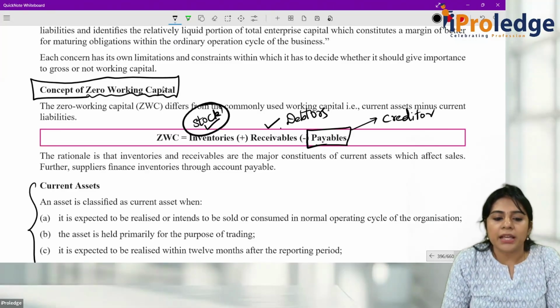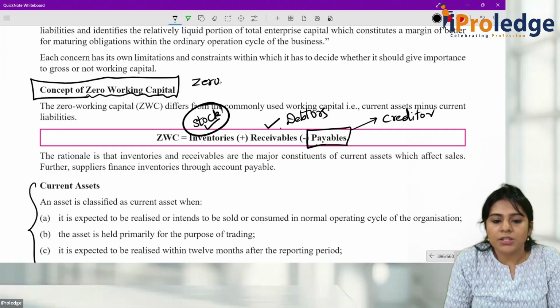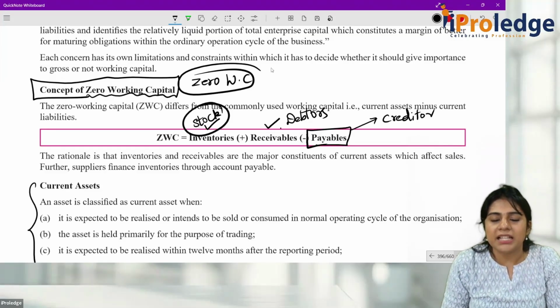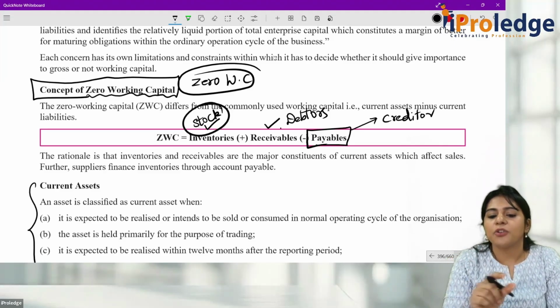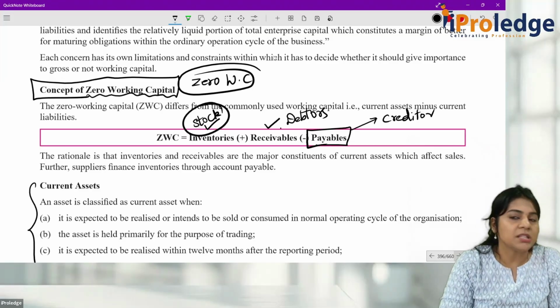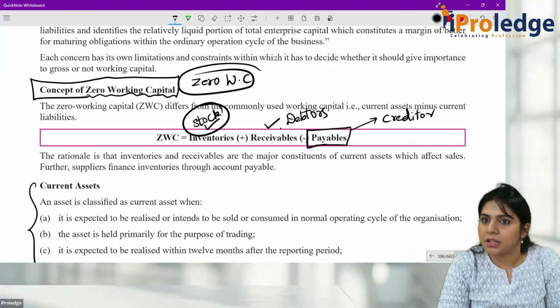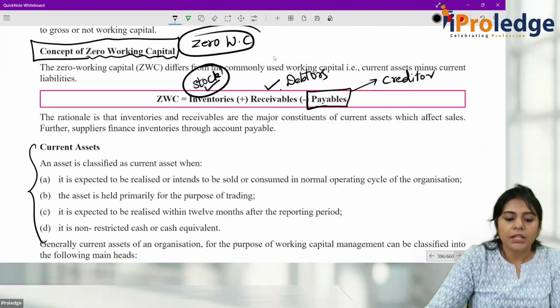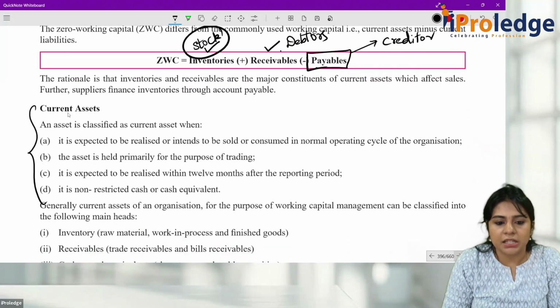So all this is giving you what is called zero working capital. Zero working capital is a terminology used for this formula, which is nothing but inventory plus receivables minus payables.